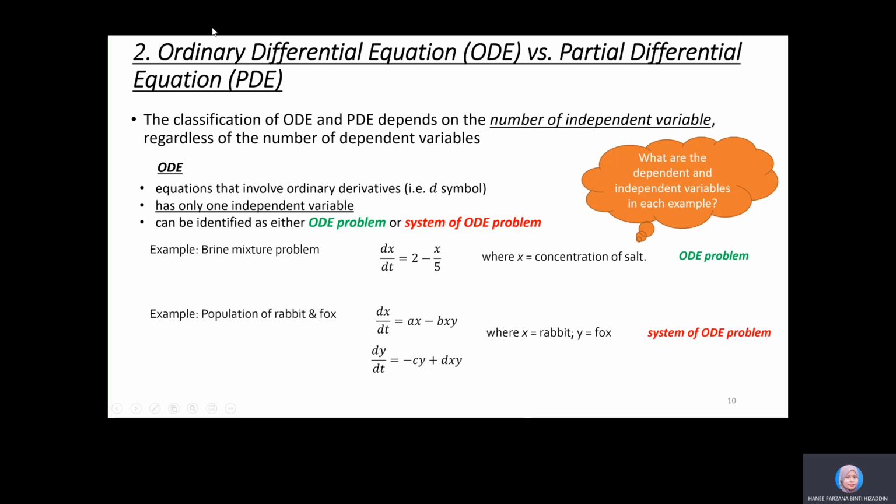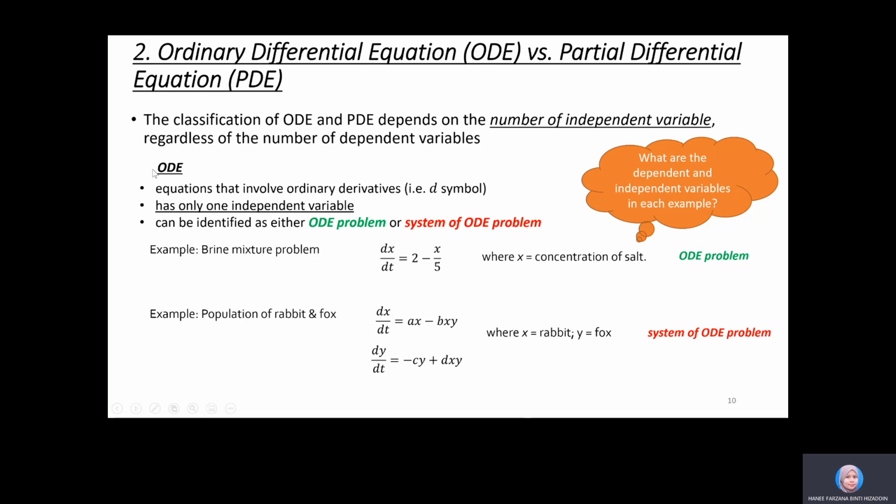Okay, next is for you to distinguish between ordinary differential equation, ODE, versus partial differential equation, PDE. The classification of ODE and PDE depends on the number of independent variables, regardless of the number of dependent variables.